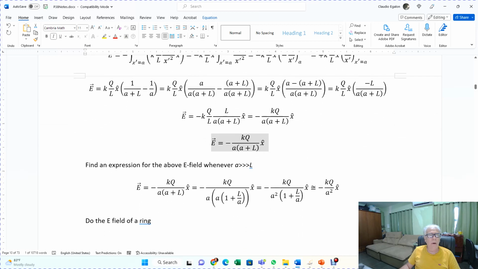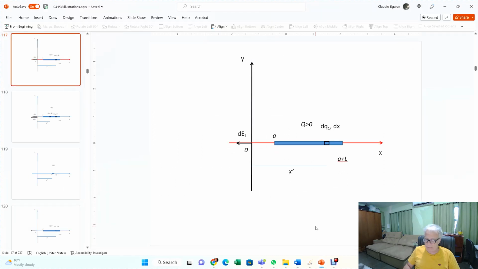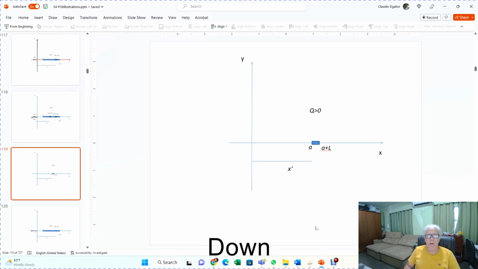Okay, so here you go. That's the exact solution. And we're going to do for A much greater than L, right? What's A much greater than L? Let me picture that here for you, what exactly A much greater means. That's what it means: A much greater than L, okay?